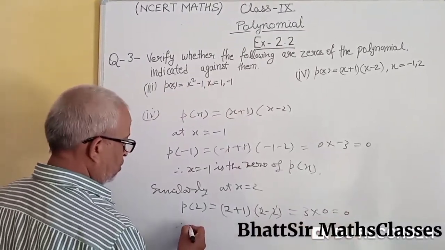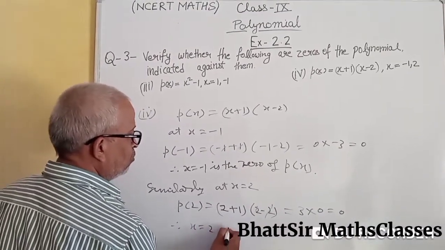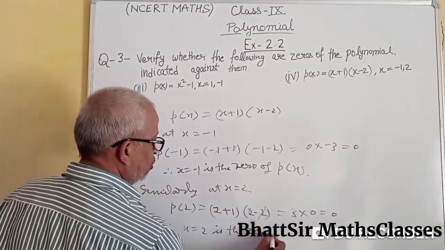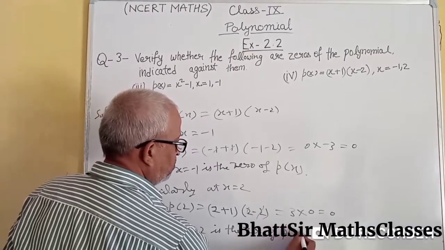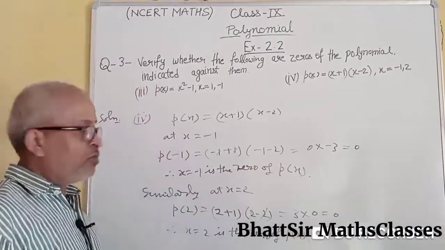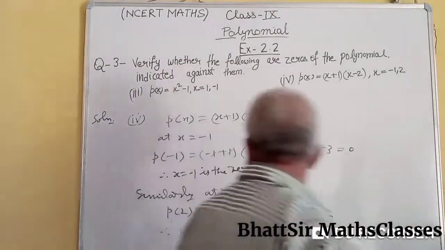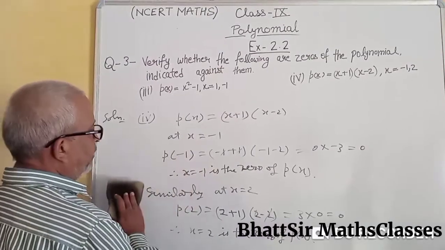Therefore, x equal to 2 is the zero of P(x). So now these are the solutions of the third and fourth parts.